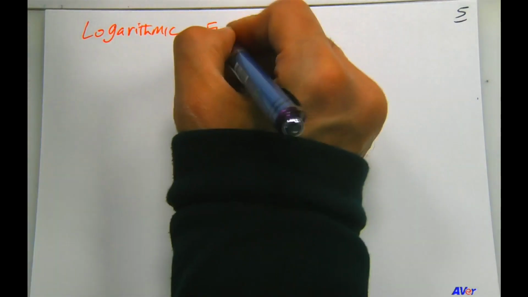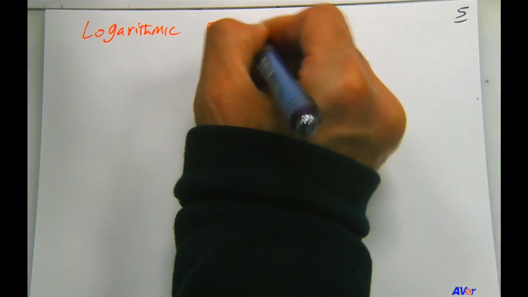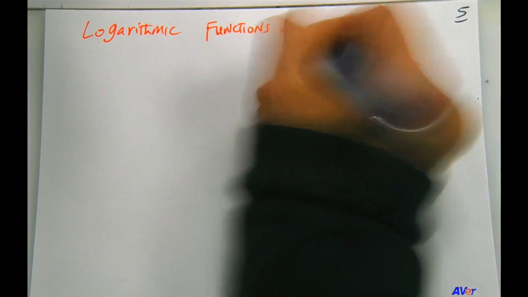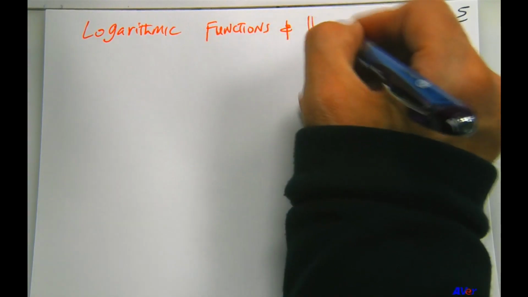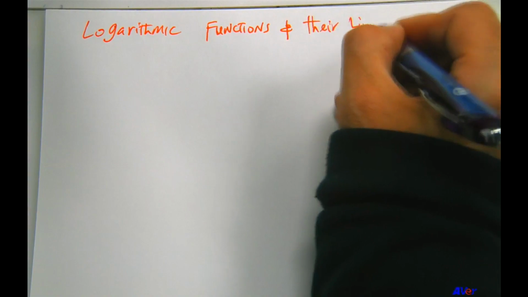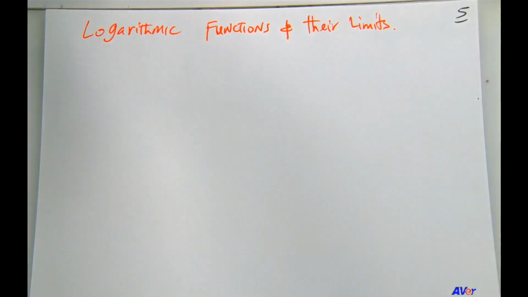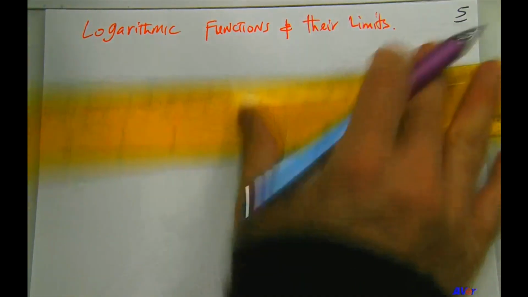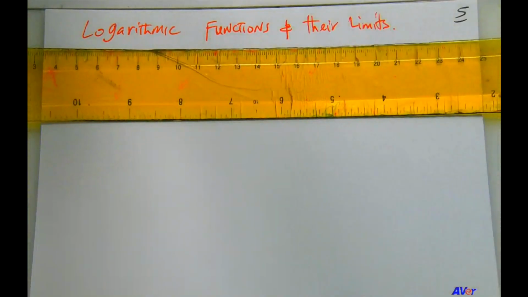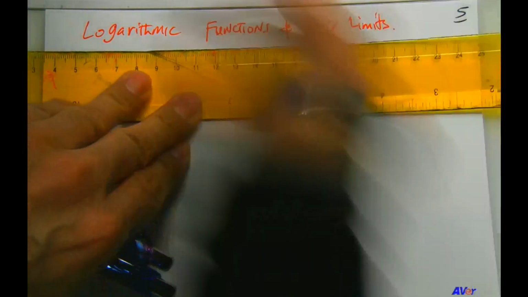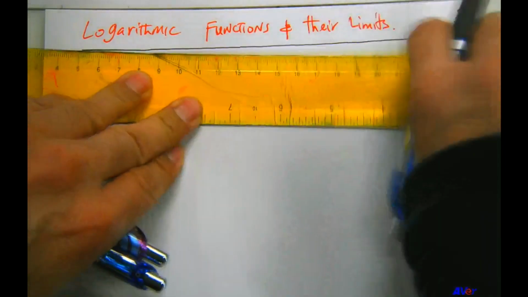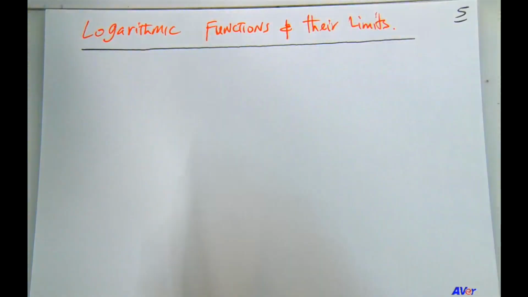So logarithmic functions and their limits. This is a pretty straightforward and simple procedure, and it makes a lot of sense in the context of what you've already learned about calculating limits. So it's going to be pretty straightforward, everything.